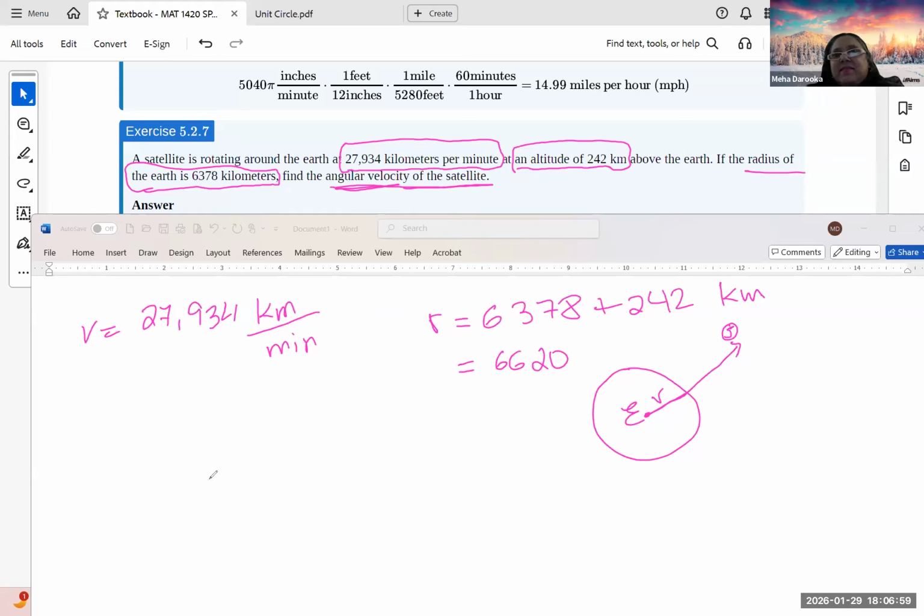And in the question they're saying find the angular velocity, right? So remember, this is where you use that relationship again between angular and linear velocity to find what the omega will be. So this is the formula that's given to us.